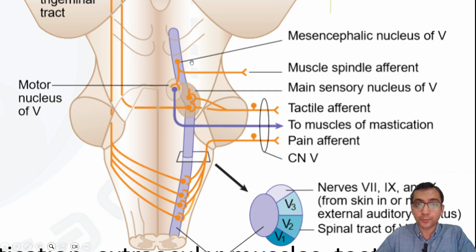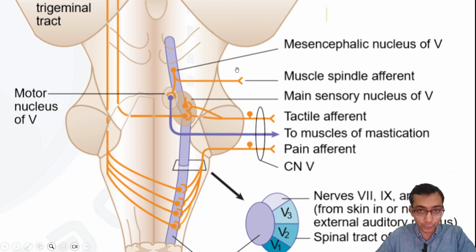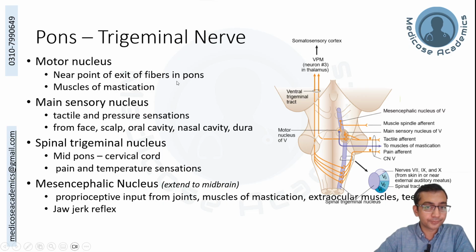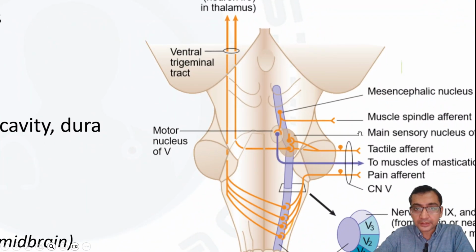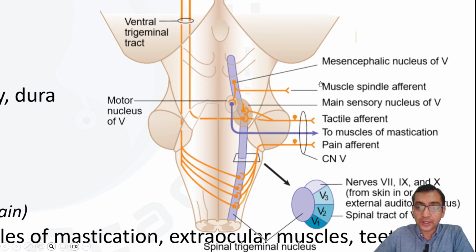This is the pseudo unipolar neuron. You can see there is no pseudo unipolar neuron outside, and according to the board review series book BRS, this is the unique and only instance of pseudo unipolar neuron present inside the CNS, and that is for proprioception, and that is responsible for jaw jerk reflex too.